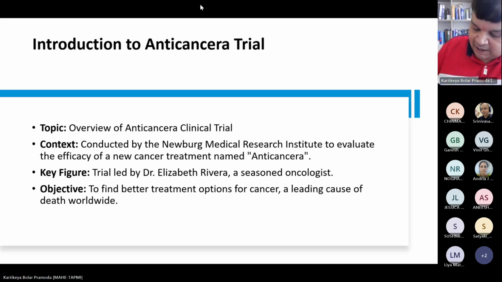But however, here we would like to check whether there is some positive effect of the treatment over the illness. Okay, so obviously there would be a control group and there would be a treatment group, right? So the treatment group would be undergoing the treatment as per anti-cancer, and those who do not undergo treatment at all.